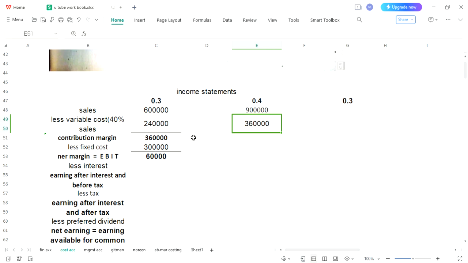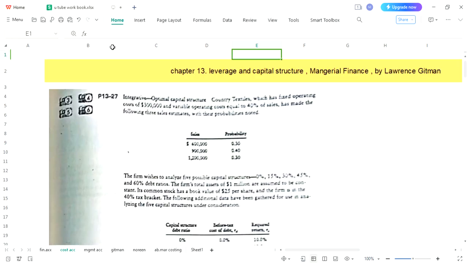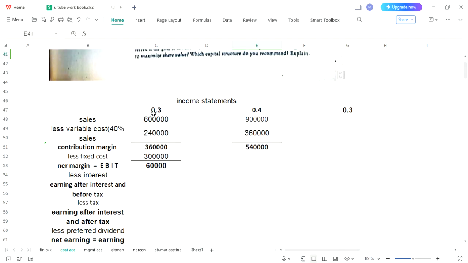After which we are open to calculate our contribution margin, which is the difference between sales and variable cost. Amount of sale in this section is 9 lakh. Variable cost is 3,60,000. So we have got 5,40,000 as our contribution margin. Keep it in mind, fixed cost will never be altered. It would remain the same, 3 lakh. So here you will put fixed cost as 3 lakh.